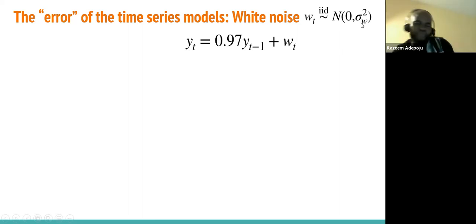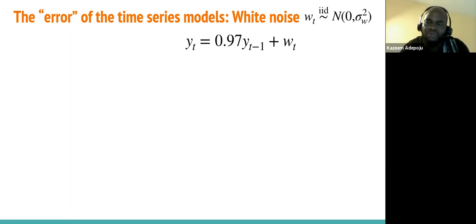Now, some of you may be wondering, what is the difference between what I have right here and what I have in the distribution of the error term in the linear regression model? I want to tell you they are the same.